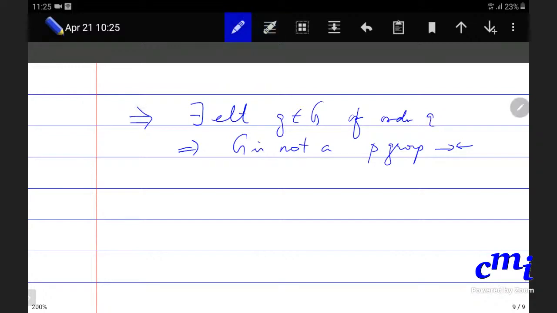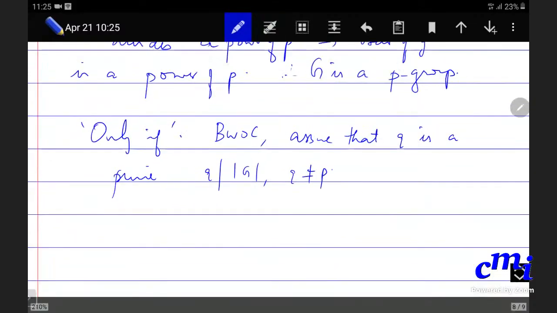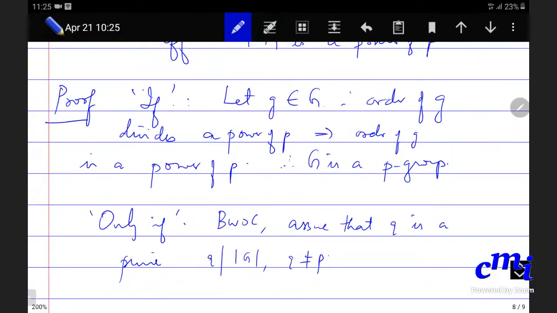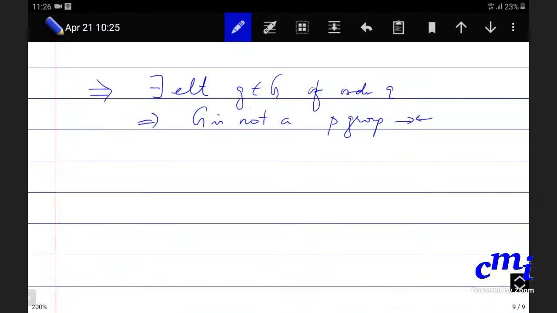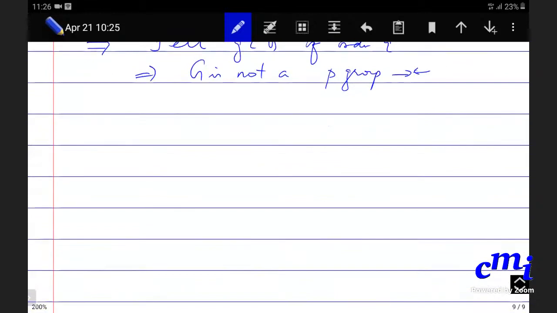Can you scroll up to this? This is it. Oh yeah, sir. So the definition is that every element has order a power of P, but for a finite group, it is just equivalent to saying that the group has order a power of P. So this is what we will use. So what would the class equation of?